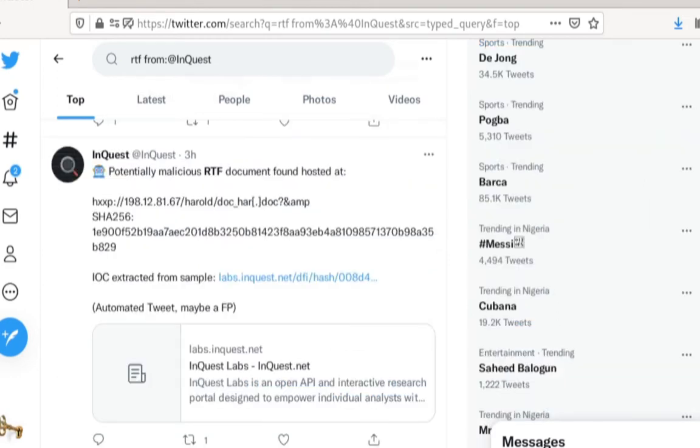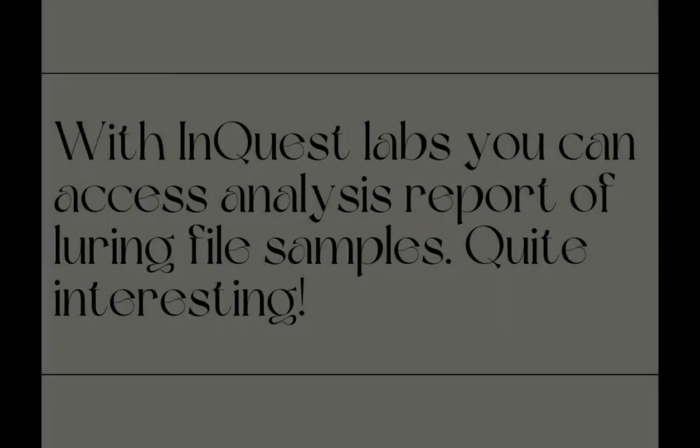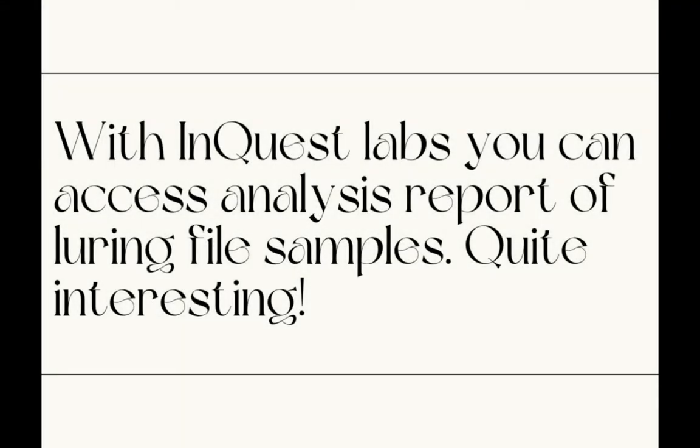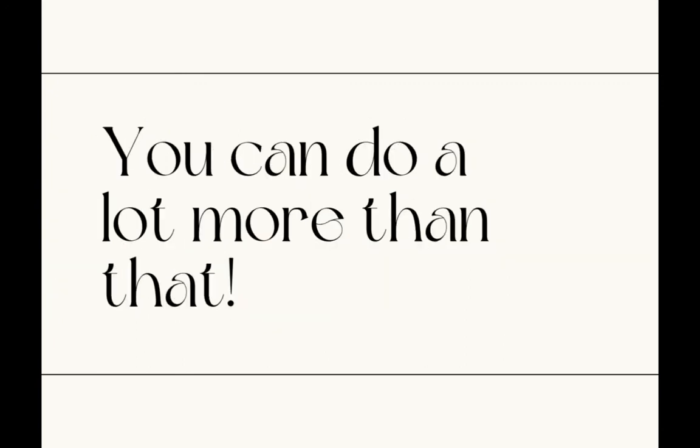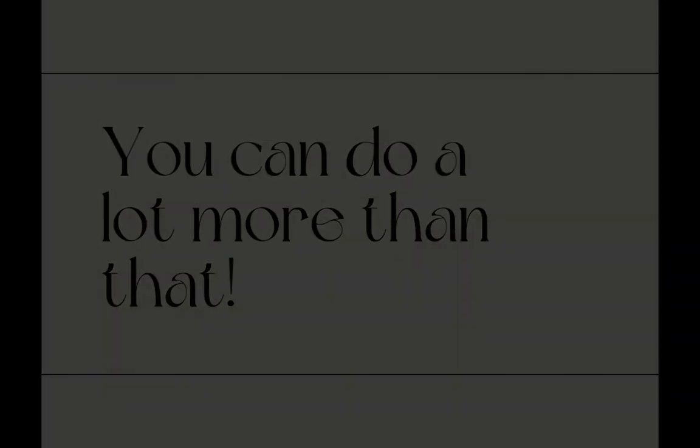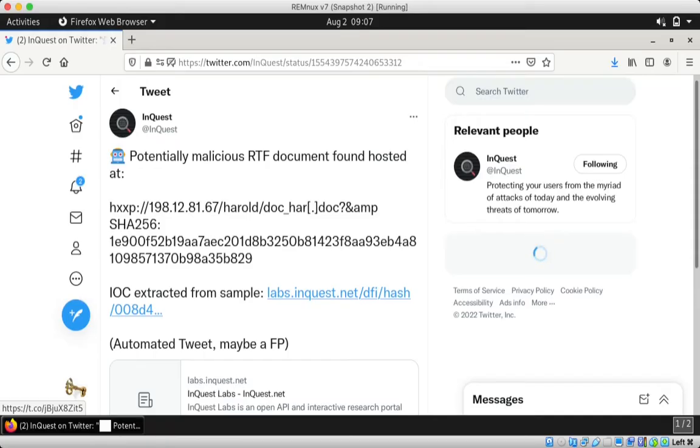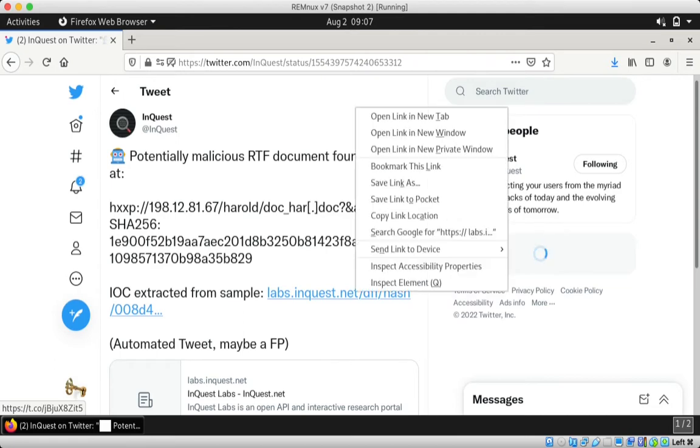So with InQuest Labs, you can get a lot of useful information related to malware. So what we'll do right now is we're going to pick one of the samples and then see what the report has.